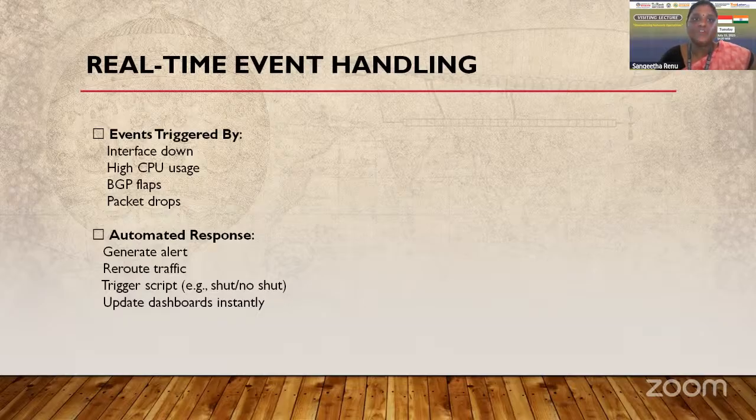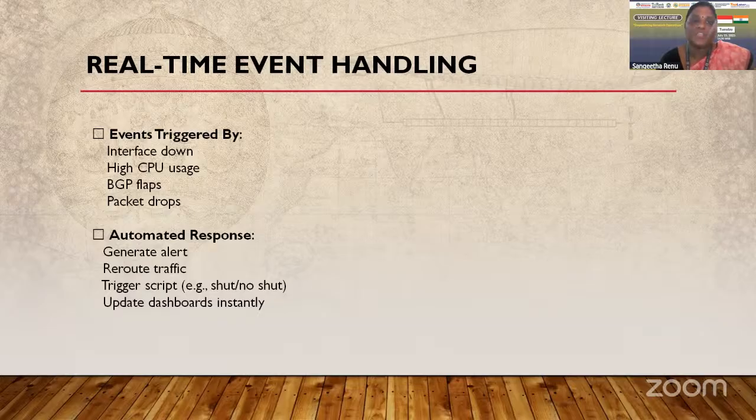Automated responses trigger in real time. Once the event occurs, the automation system reacts immediately and intelligently, often without human intervention. So, generate alert: an instant notification via email, Slack, or ticketing systems. Reroute traffic: automatically shift data flows away from the impacted path using SDN or dynamic routing.